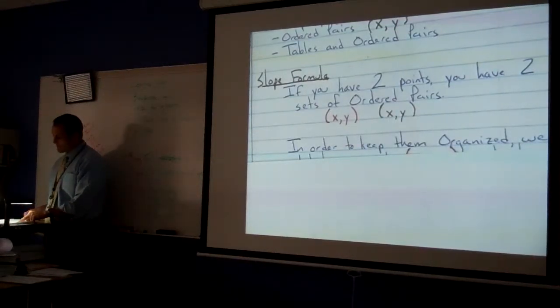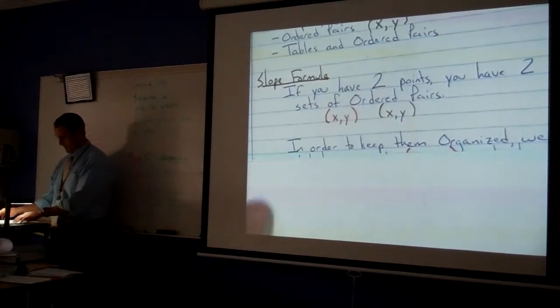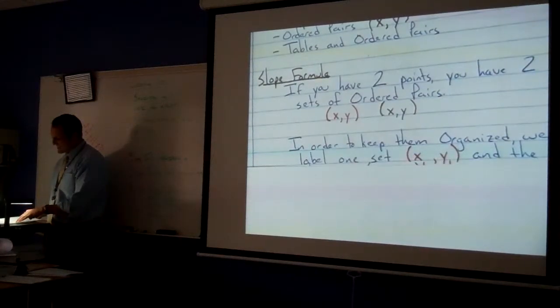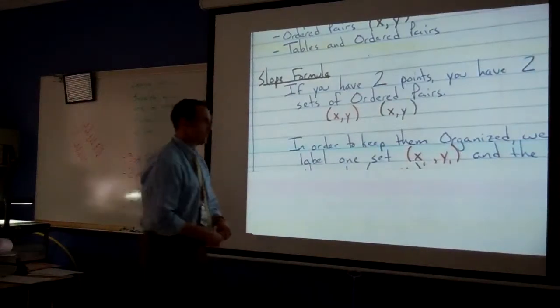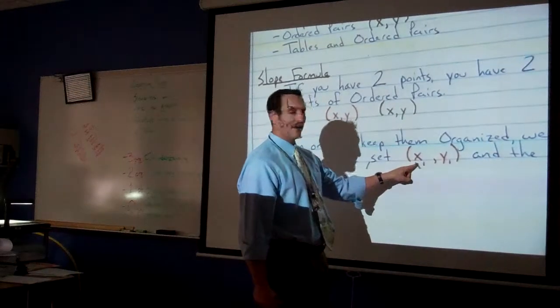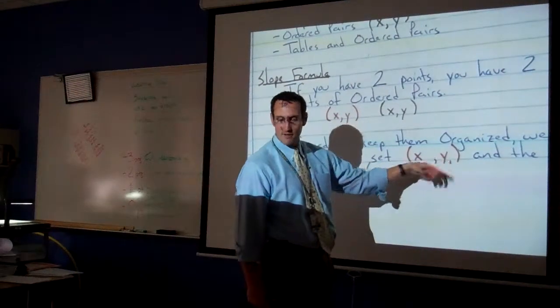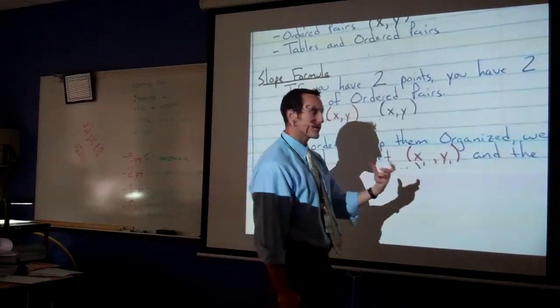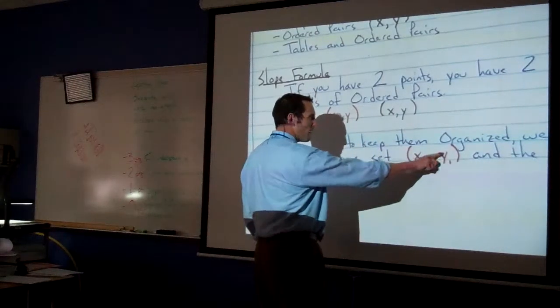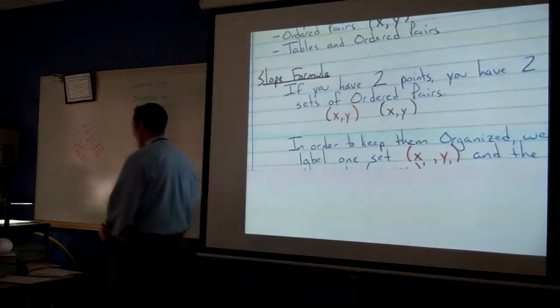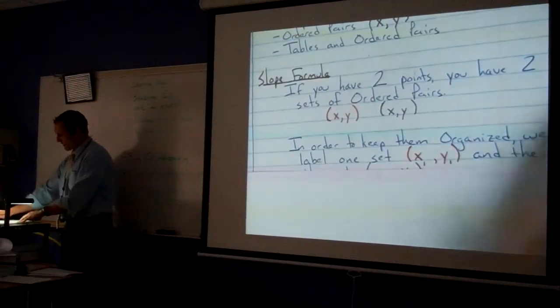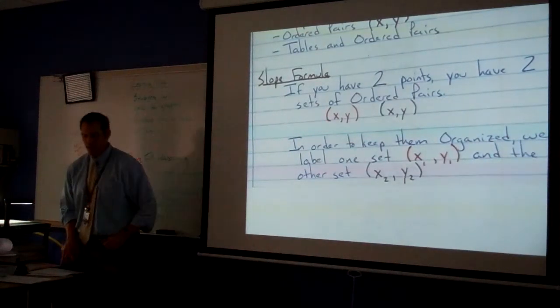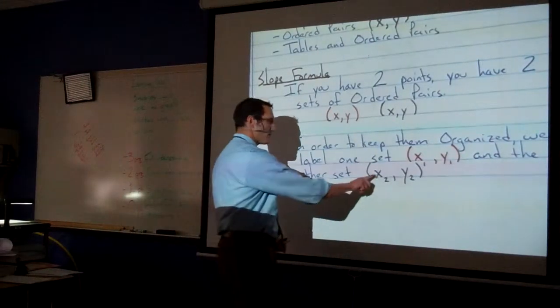In order to keep those 2 points organized, what we're going to do is label one set of ordered pairs what we call x1 and y1. The 1 represents the first set of ordered pairs. So x1, y1, and the second set of ordered pairs we will call x2, y2.